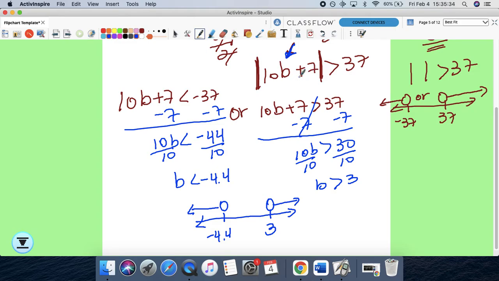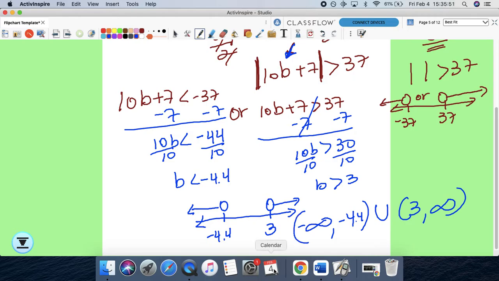Absolute value of that is 93, and 93 is greater than 37. So numbers on this side work. So let's write that, and it becomes like that. And on this side, negative 4.4 goes to negative infinity. But we can't include it, so the last number, there's no last number, so that's why we put the parentheses there. Okay.